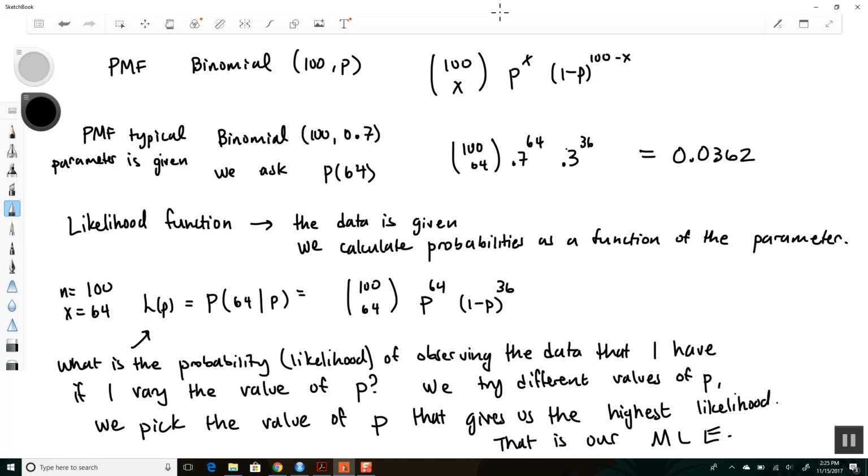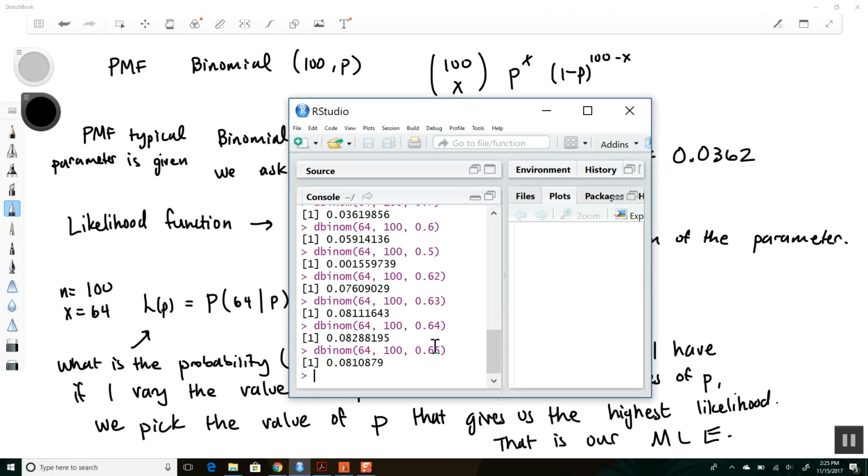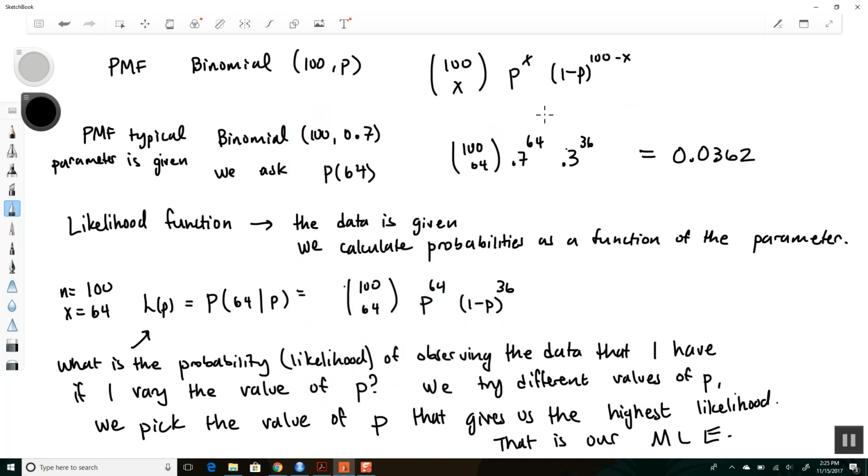If you had to solve this analytically: we just plugged a bunch of different values of p into R, and when I did 0.64, it was the biggest value I've seen so far. The likelihood, a function of p, is really just the probability of getting x equal to 64 for different values of p.